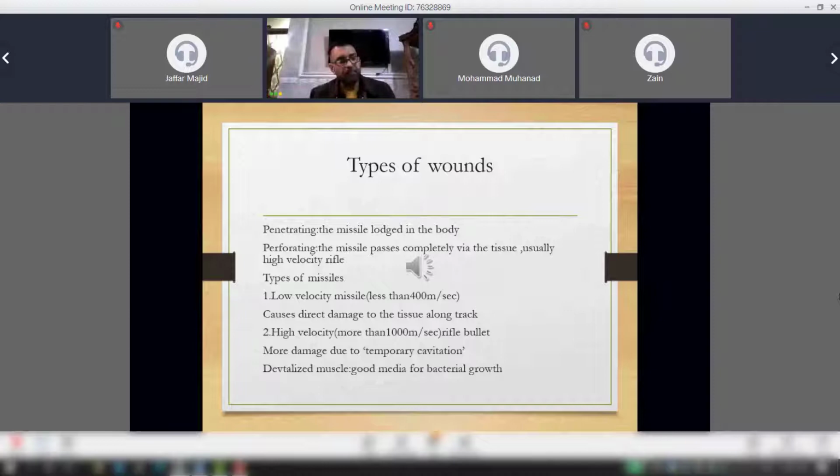Low velocity means less than 400 meters per second, like in a pistol, المسدس, which causes just direct damage to the tissue along the track, or high velocity اللي هو أكثر من 1000 meters per second, of a rifle bullet. Rifle يعني بندقية.